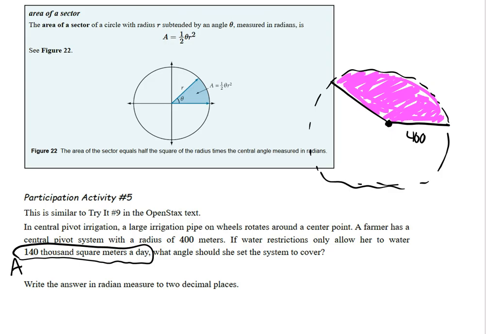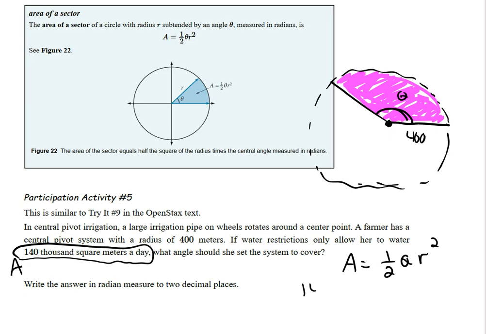So I know A, I know R, I don't know theta. This here is theta. So I have to take that formula: A equals 1/2 theta times R squared.